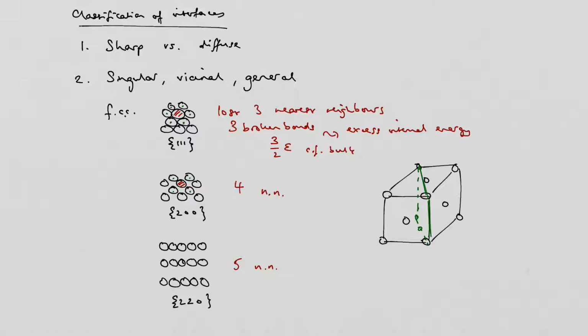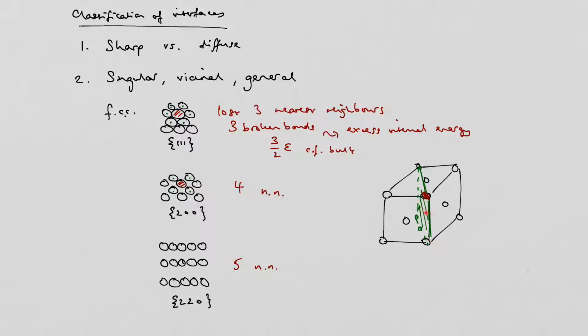So an atom in one of these, if I create the surface with that green shaded plane there, then this atom here has 2 nearest neighbours in that plane, which is this one here and the one on the other side of it.